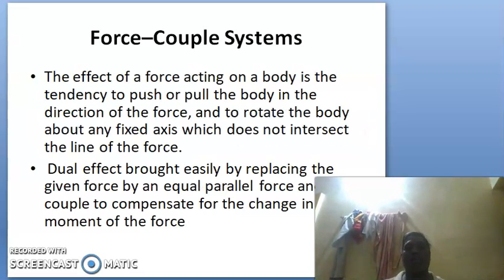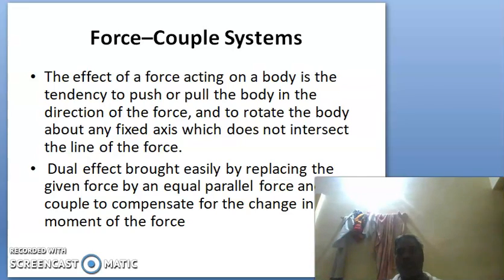So, a force couple system. The effect of a force acting on a body is the tendency to push or pull the body in the direction of the force and to rotate the body about any fixed axis which does not intersect the line of the force. This is something that we have halfway already discussed.